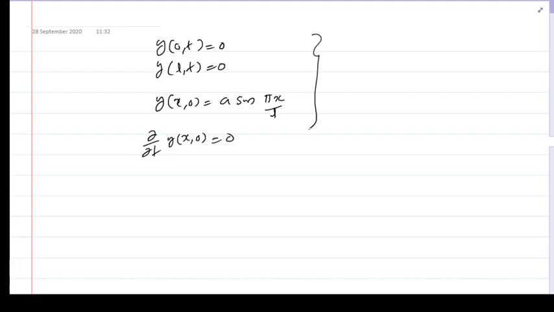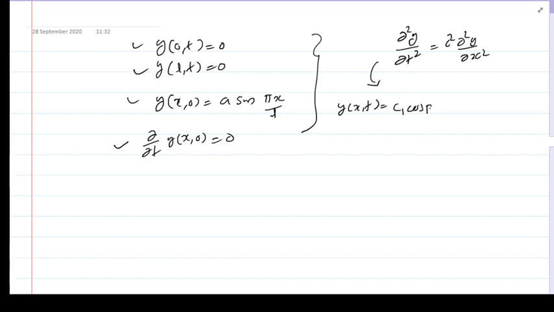Whenever you try to solve a problem in the wave equation, you have to find all these points from the statement. Then the one-dimensional wave equation is dou square y by dou t square equal to c square into dou square y by dou x square, and we can write the general solution y of x,t as c1 cos px plus c2 sin px into c3 cos cpt plus c4 sin cpt.